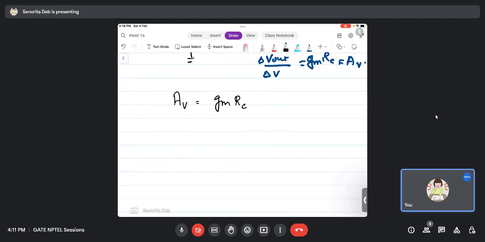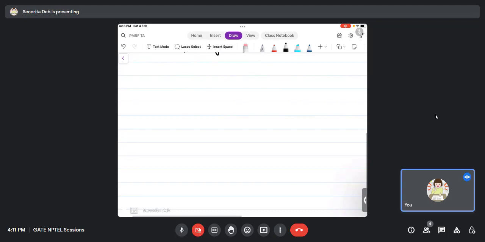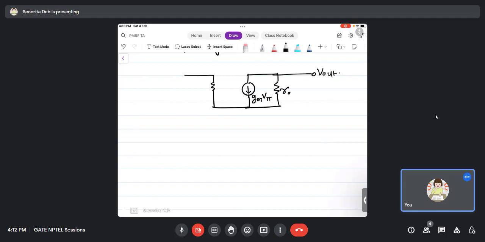Okay, so let us draw the small signal equivalent. The small signal equivalent is similar to what a common emitter is, right? So this is your small signal equivalent. If Va is not infinity, ro will be present, and there will be Gm V pi, and this will be your Vout. From here the collector terminal, Vout is going out, and here you remember we had VB, a DC source, so that goes to short.